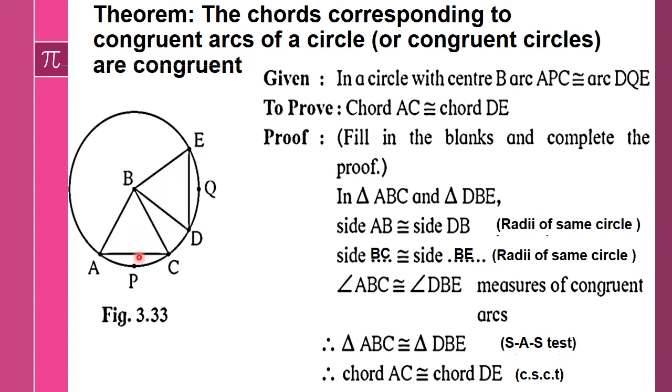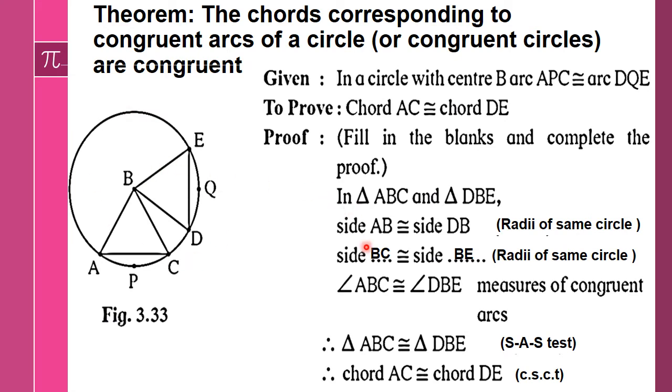One is triangle ABC and another is triangle DBE. If you see the sides of these triangles, they are congruent since all of them are radii. That is, BA is a radius, BC is a radius, BD is also a radius, and BE is also a radius. All these four segments are radii of this particular circle.